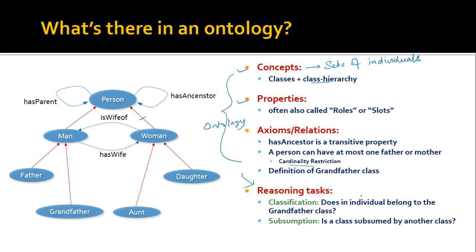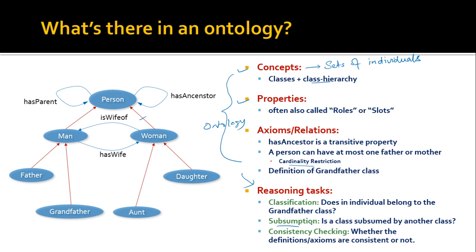The second reasoning task is to say whether a class is subsumed by another class. For example, can I infer that a father class is a subclass of a man class if it has not been explicitly specified? That is what we call subsumption, right?